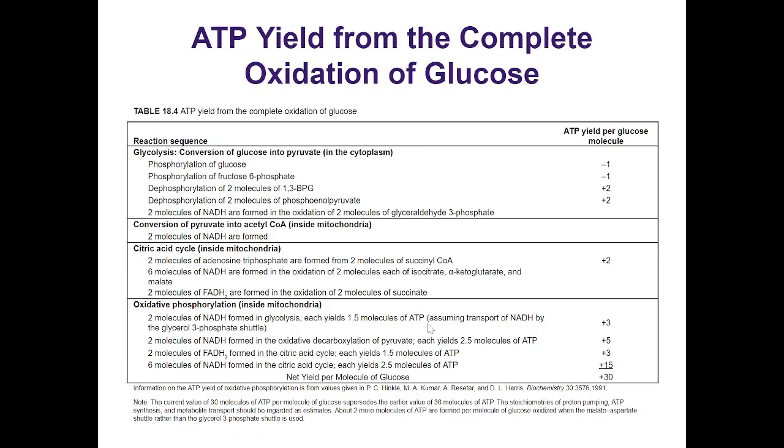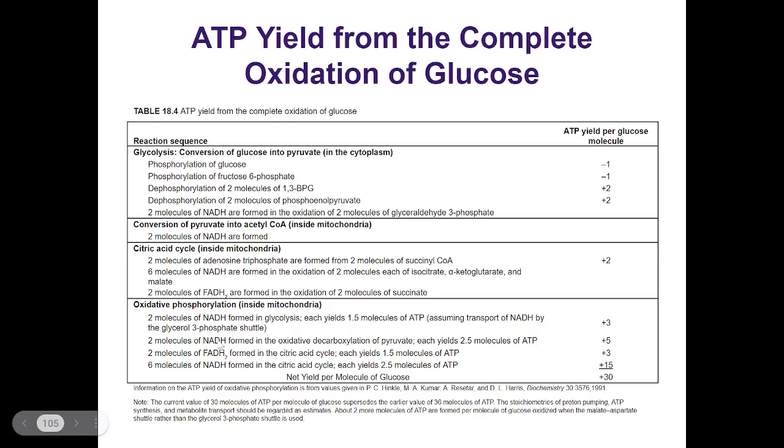That's the easy way to kind of remember that. The 2 molecules of NADH formed in the oxidative decarboxylation of pyruvate each are going to yield 2.5 molecules of ATP. And so 2 times 2.5 is 5. 2 times 1.5 is 3 here.